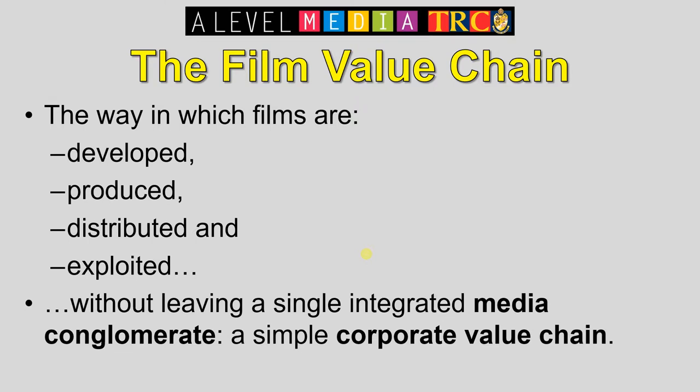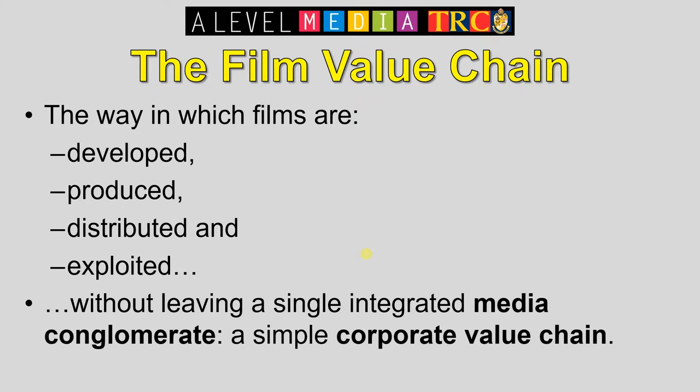Right, now, what do we mean by a film value chain? When we looked at Disney, remember we talked about the idea of conglomerates. How conglomerates, which means coming together, they converge, don't they? Remember convergence, coming together. Conglomerates are converged companies in which a parent company will buy out or absorb other companies, which we call its subsidiaries, to create a conglomerate.